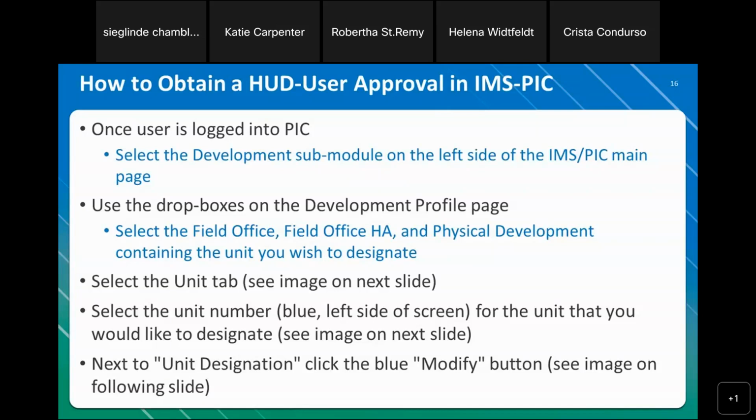You have drop-down boxes available, and you can select from your profile the field office and physical development containing the unit you wish to designate. So it's all driven by your AMP, asset management project. And you go into the drop-down and you select the development you want. We will see that in the screenshot on the next slide. Let's go to that real quick.